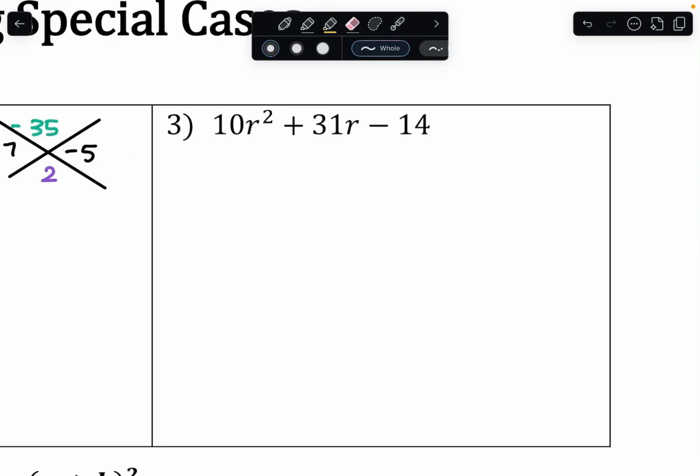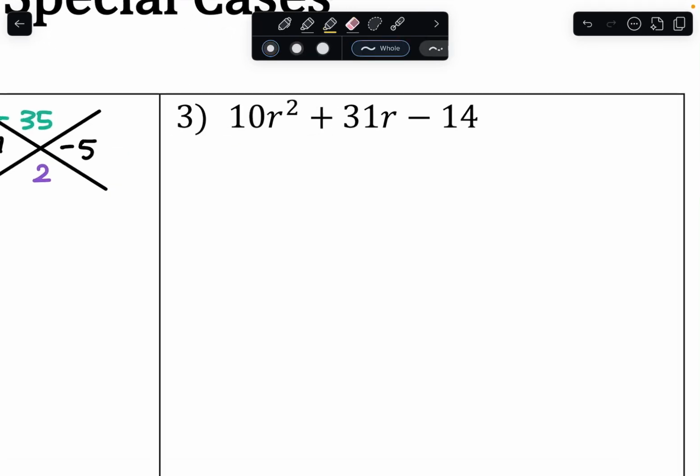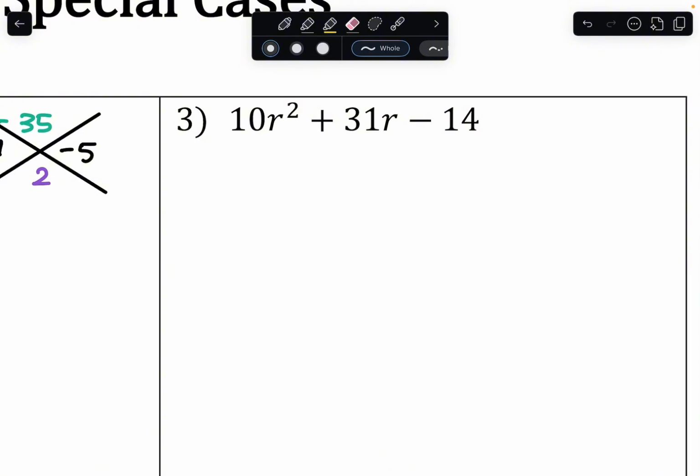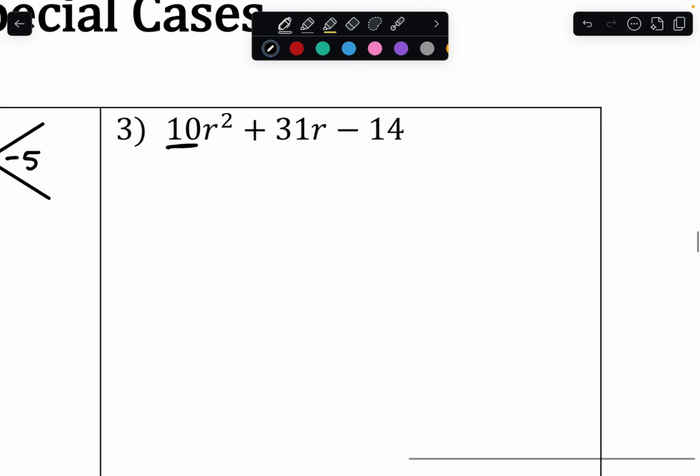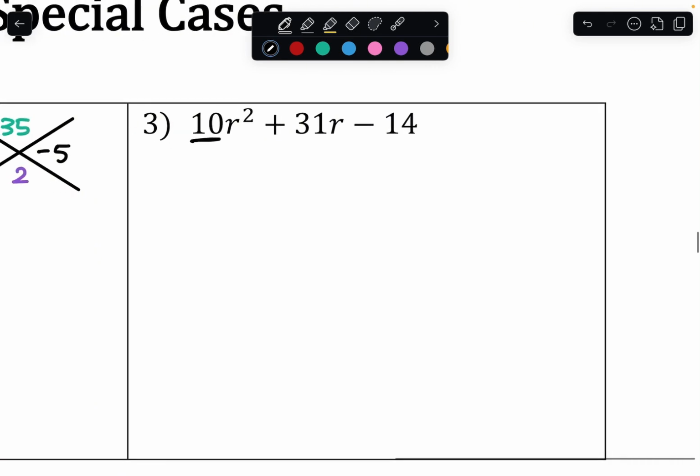All right, looking at number 3, this one's challenging, not only because a isn't 1, but also because these numbers are kind of large. And so it may take us a while to find the magic numbers. And so start with a times c, which is negative 140. And we're trying to find two numbers that add to 31.